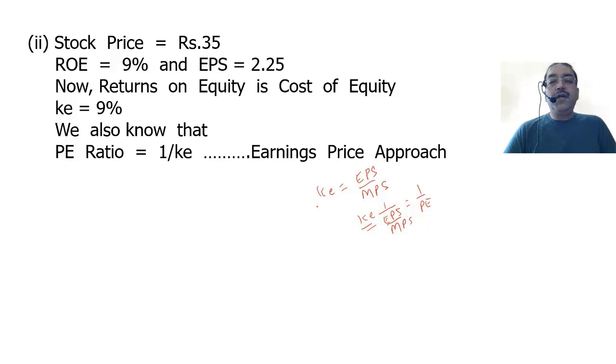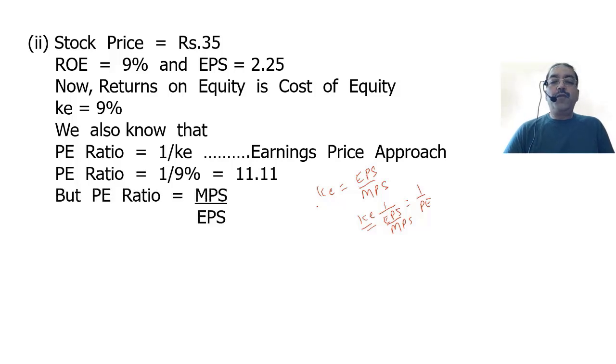That is why cost of capital of Inter CMA Financial Management topic is very important. That is why I told you to revise and come. So P/E ratio is equal to 1 by 9%, that is equal to 11.11. But P/E ratio formula is MPS upon EPS.